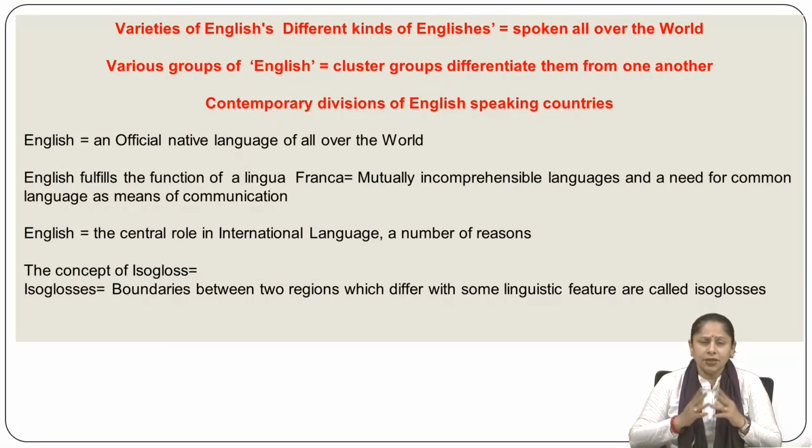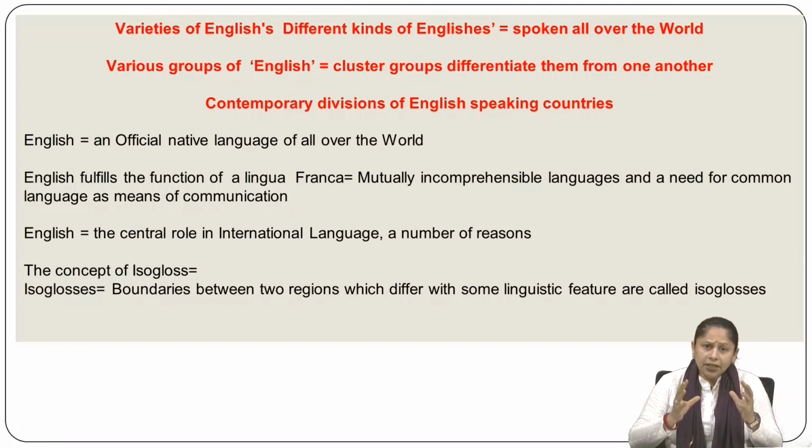For example, English spoken here in India, English spoken in the United States of America, in England, in Australia, in New Zealand, or in other Caribbean countries. So there are certain different kinds of Englishes which are spoken all over the world.